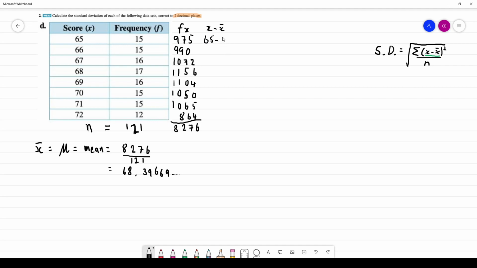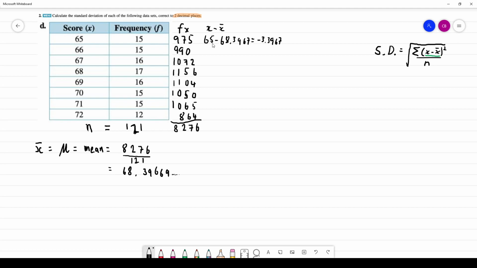Our mean was 68.396. I'll just go to 4 decimal places. That's accurate enough if we want to round to 2 decimal places by the end. And this will equal negative 3.3967.